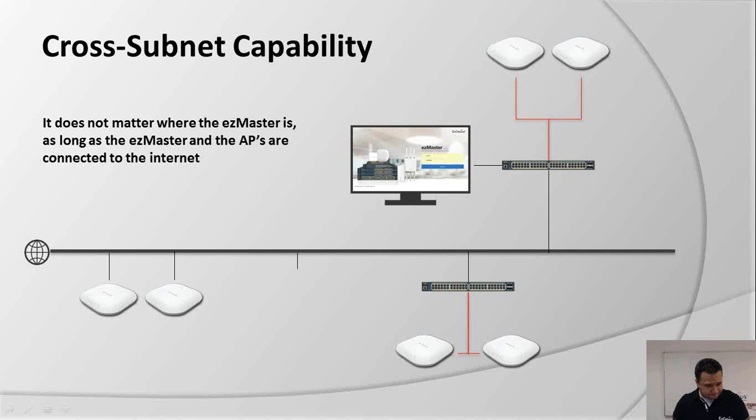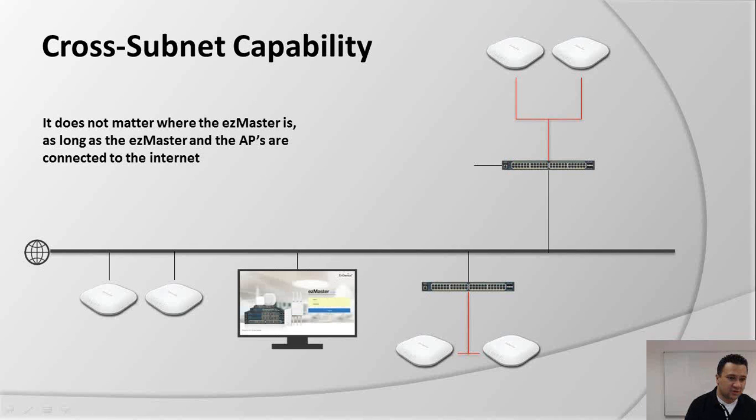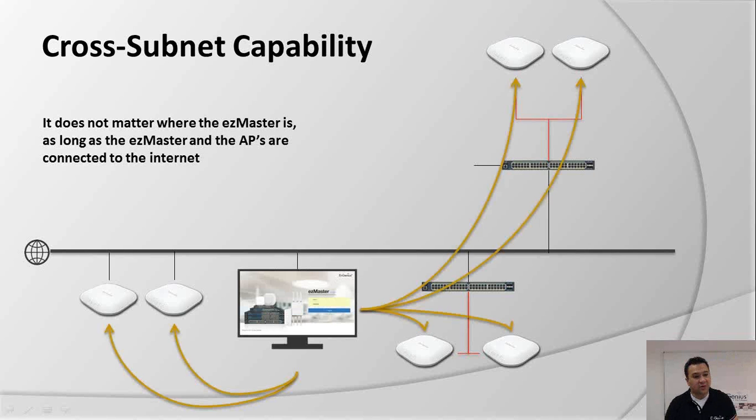But basically, with cross-subnet capability, you can manage and control access points remotely, and it can be done with a switch or without a switch. And it does not matter where you want to put the ezMaster, as long as the internet connection is available. So you can just manage from anywhere on the net.